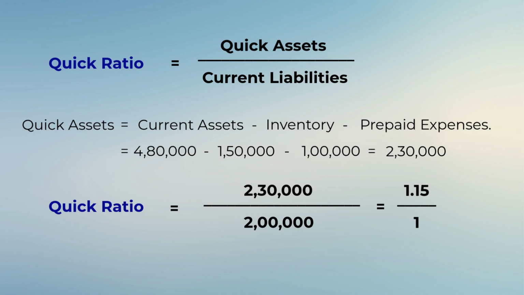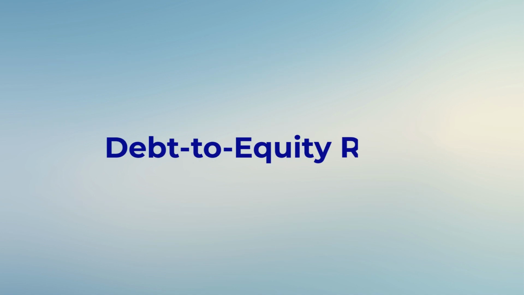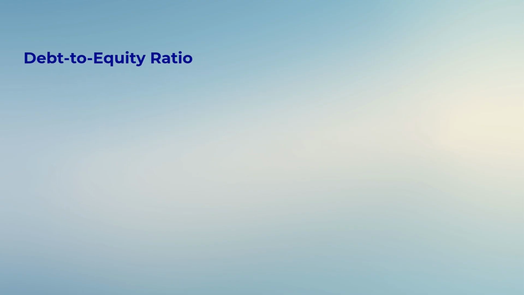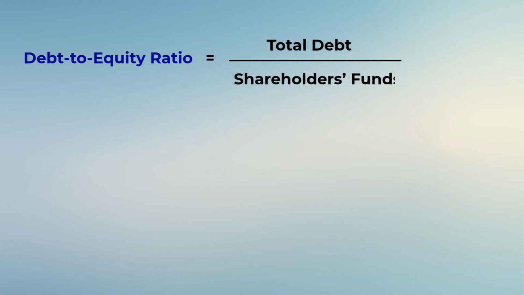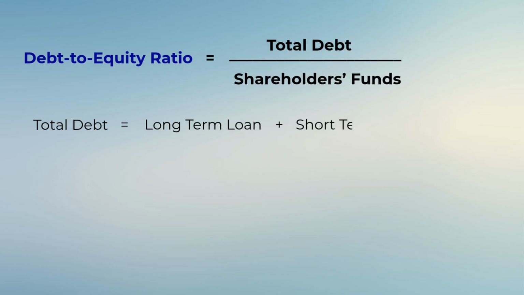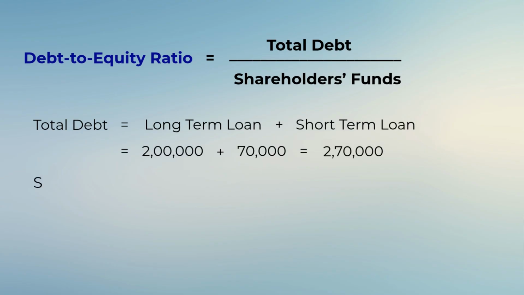Next one we understand here is the debt to equity ratio, which is equal to total debt by shareholders' funds. Total debt is equal to long-term loan plus short-term loan, which is equal to 2,70,000. And the shareholders' funds is equal to share capital plus reserves.